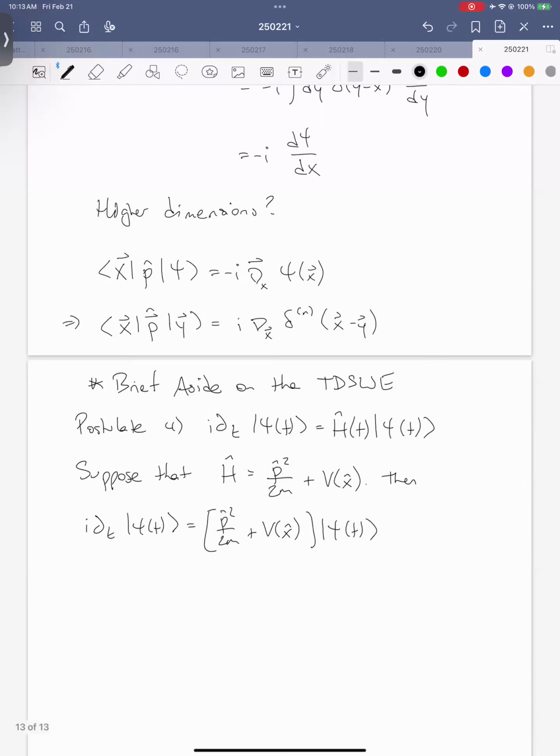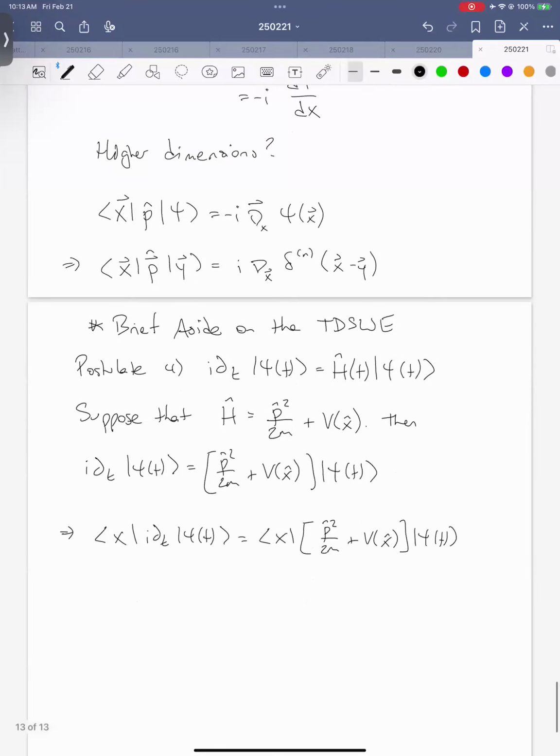And I can always hit this on the left with an x bra. So I have x bra, i partial t psi t equals x bra, p hat squared over 2m plus V of x, psi of t.